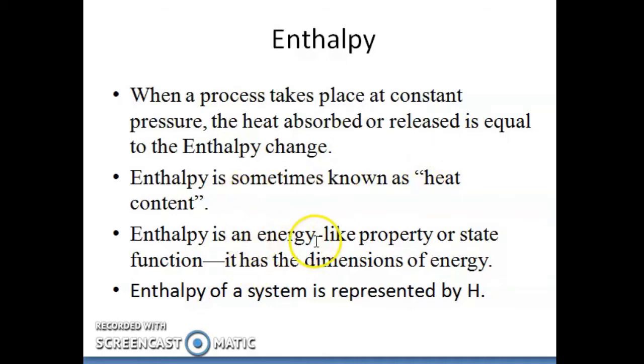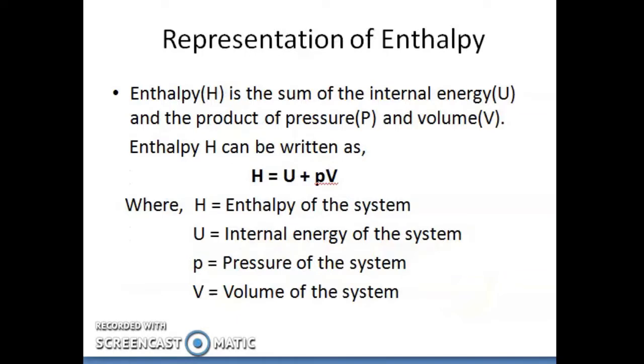Enthalpy is an energy-like property, or we could say that it is a state function, and yes, of course, it will have the dimension of energy. And enthalpy of the system is being represented by the letter H. So how do we represent enthalpy, or what is the formula being used?